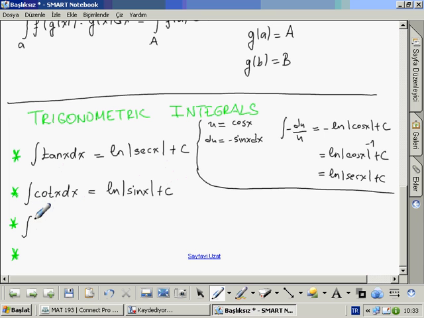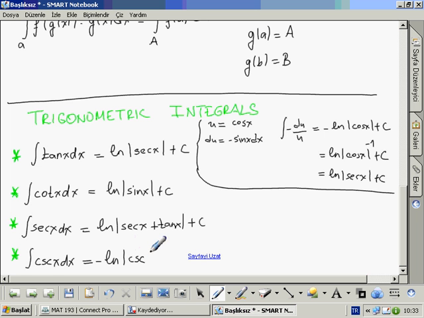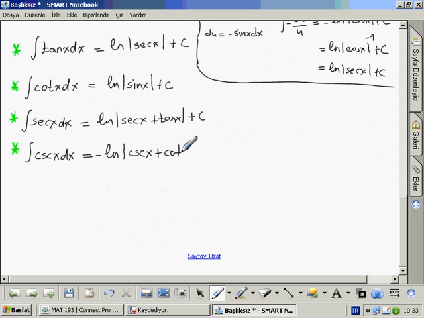The integral of secant x dx equals ln of absolute secant x plus tangent x plus c, and the integral of cosecant x dx equals minus ln of cosecant x plus cotangent x plus c.